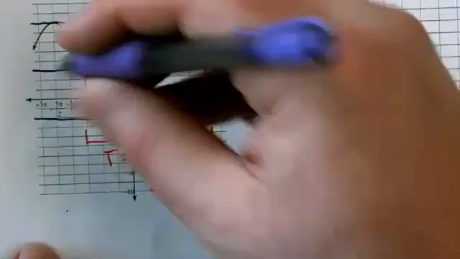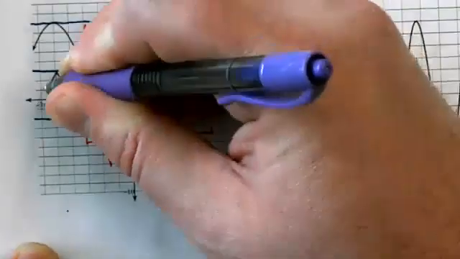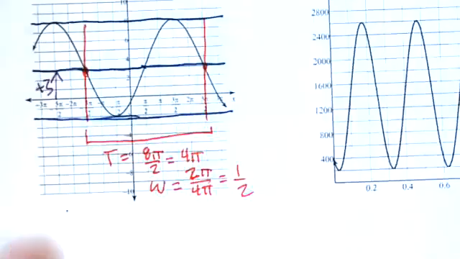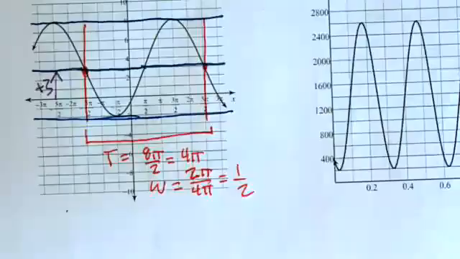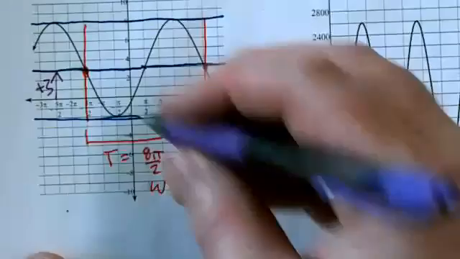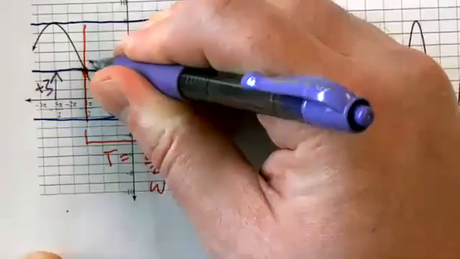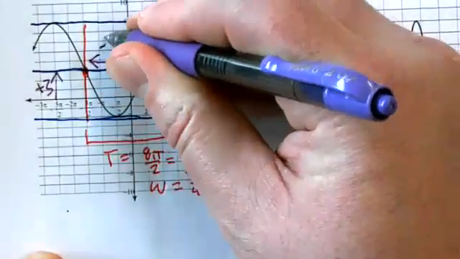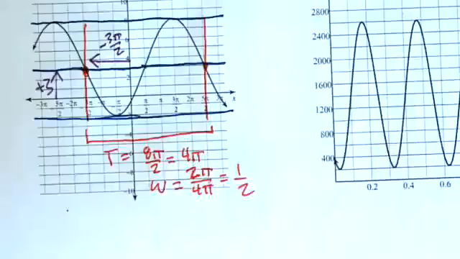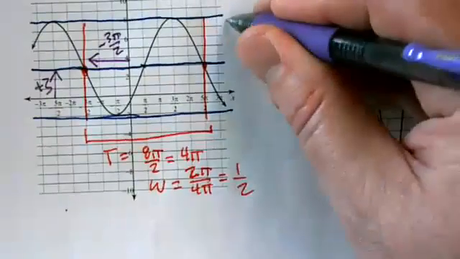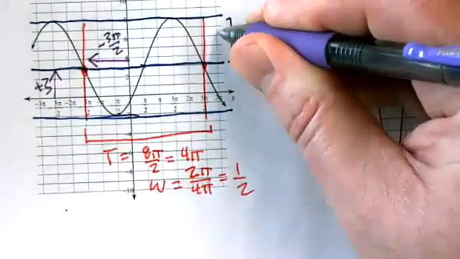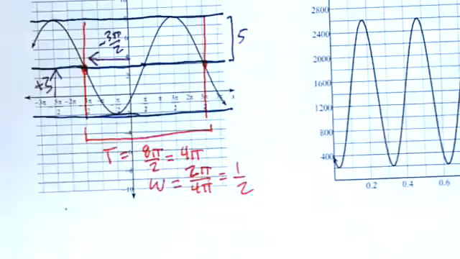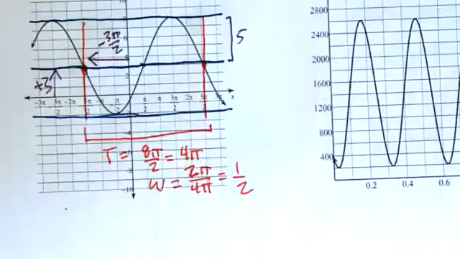We got a vertical shift of 3. And we got a horizontal shift of negative 3 pi over 2. And our amplitude is 1, 2, 3, 4, 5. And that should give us all the pieces we need to get our equation.